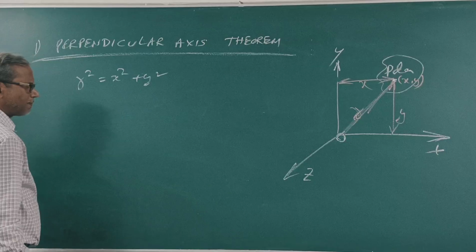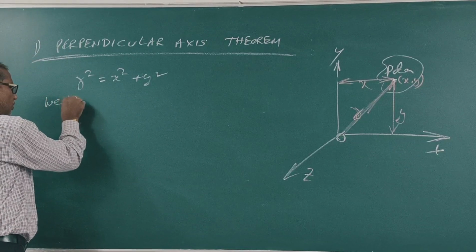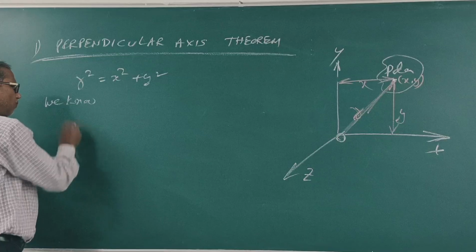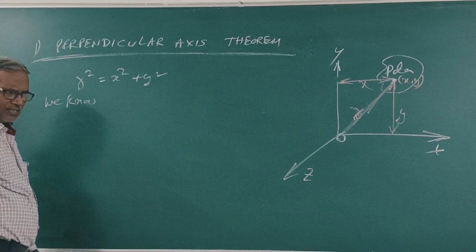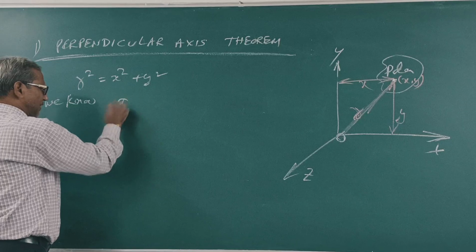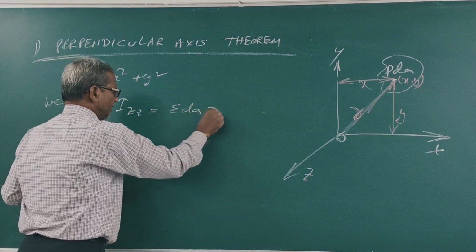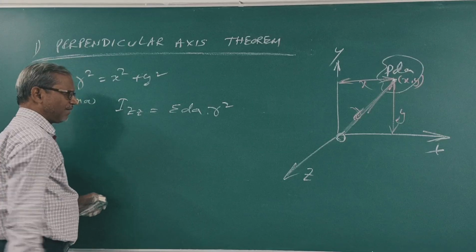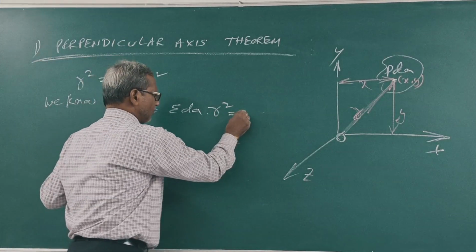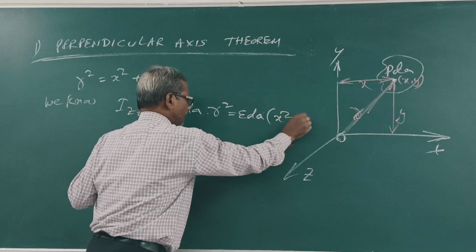We know the polar moment of inertia Iz is equal to, what is Iz? Sigma dA R square. Clear? So sigma dA into x square plus y square.